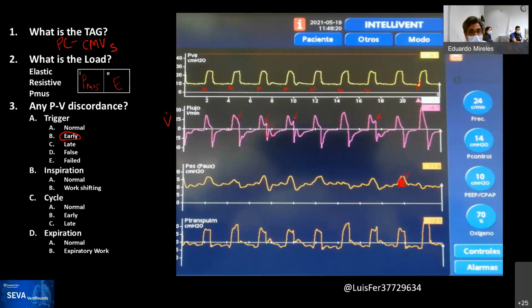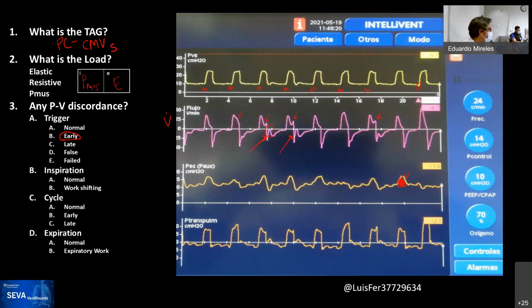Very nice. Another observation that we didn't mention is the early trigger in a couple of breaths leads to early cycling as well, if you look at the 8 and 10-second marks. Yes. But from a nomenclature standpoint, we agreed that we're going to just call the primary phenomenon that's driving the analysis of the waveform.